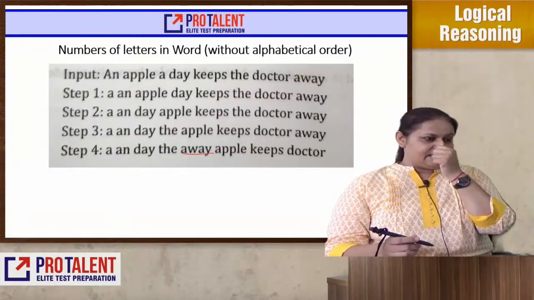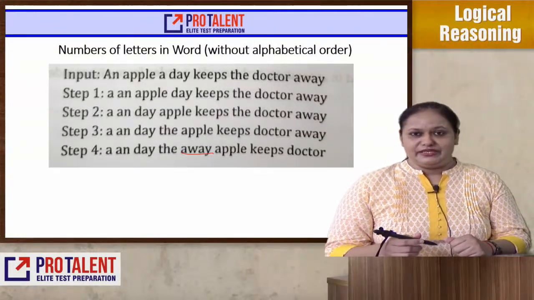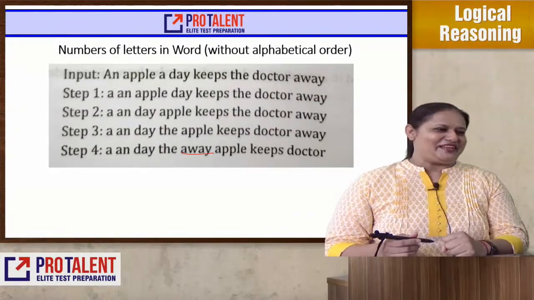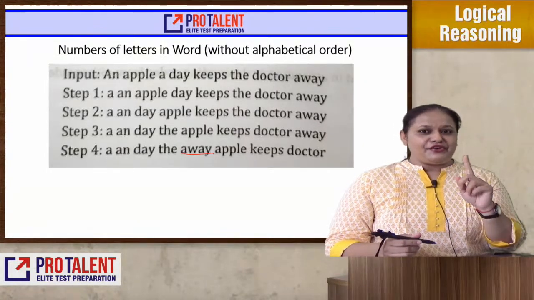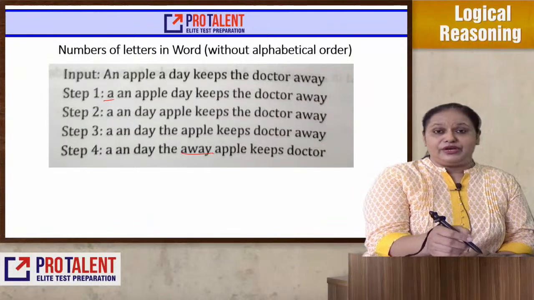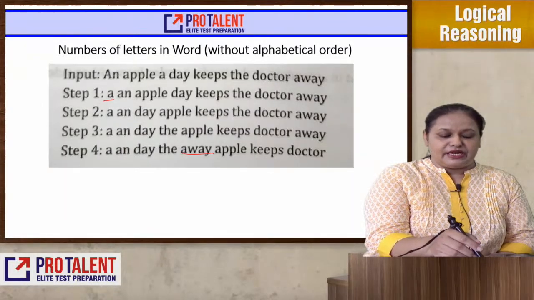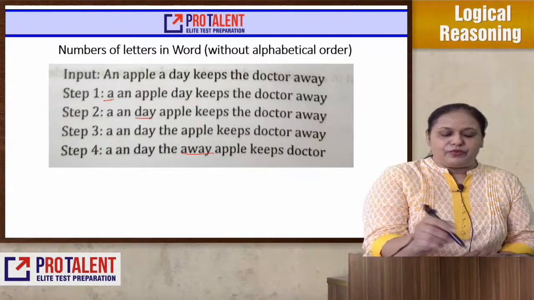Number of letters. Yes, Rashi, perfectly said. Number of letters over here. So here we are going to start with the smallest number. There is only one word with a single alphabet. In the second step, there was another, 3 alphabets, only one word.